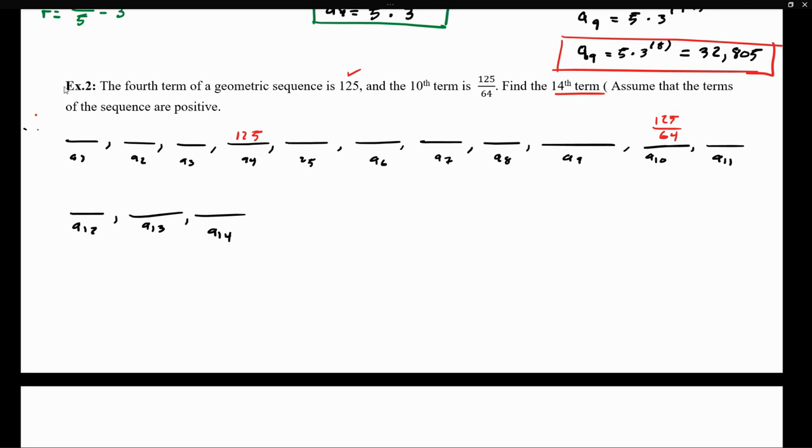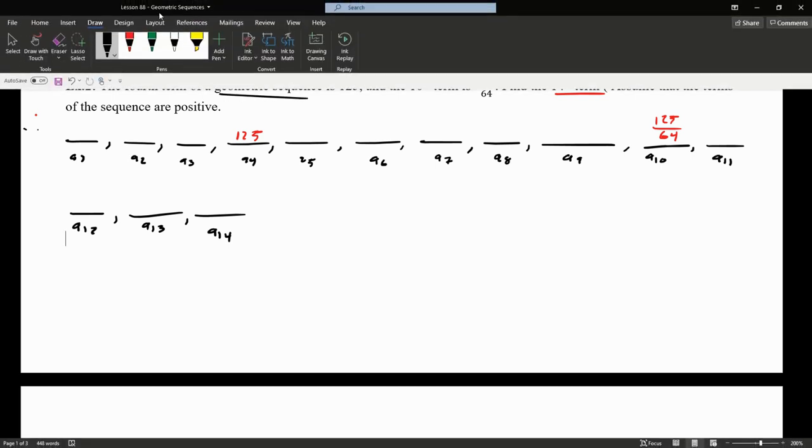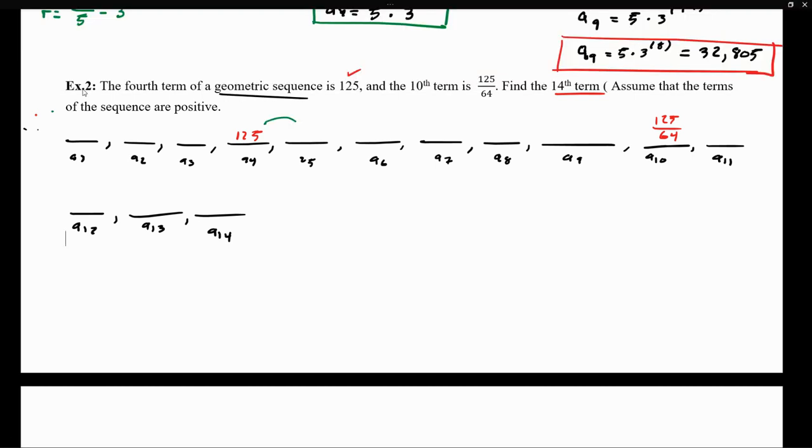But notice, since we know that this is a geometric sequence, I know that in order to go from one term to the next, I should have multiplied by some value, which is the common ratio. Since we only know the value of the fourth term and the tenth term, let's figure out how many r's we needed to multiply to go from the fourth term to the 10th term. So we multiply by 1r, 2r, 3r, 4r, 5r, and 6r.